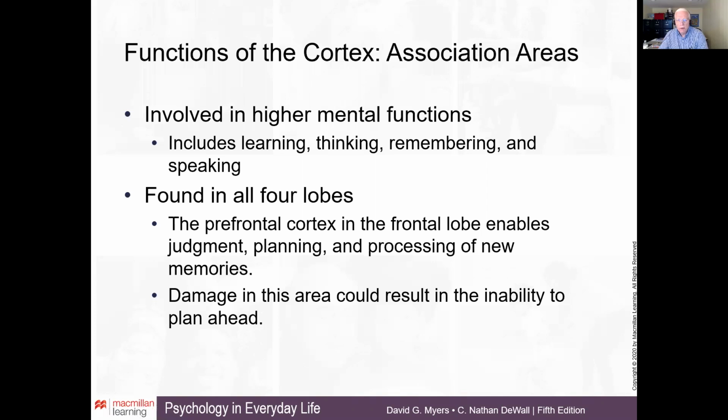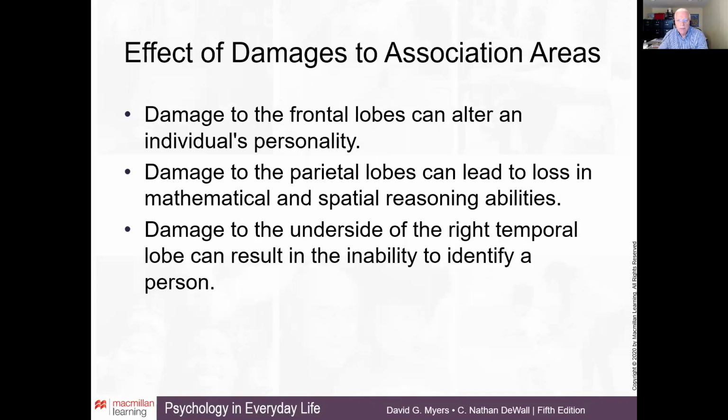This area allows us to experience judgment, planning, to process new memories. It has so many different important functions. And damage to this area can, among other things, interfere with our ability to think and plan ahead.